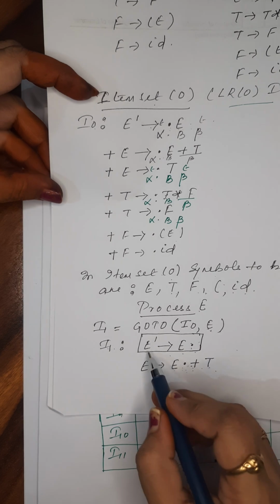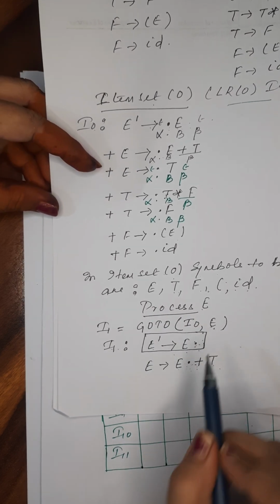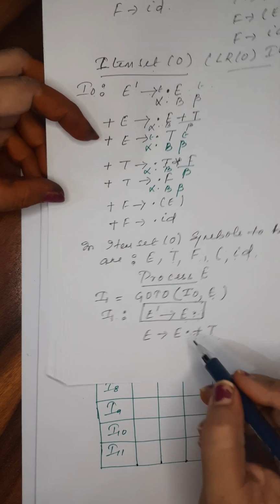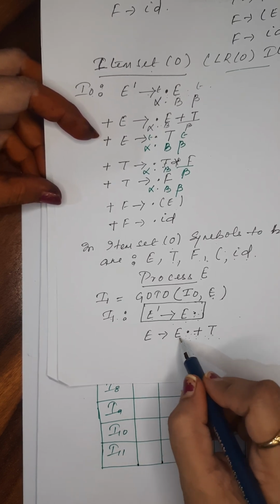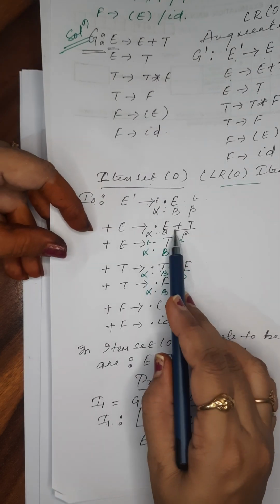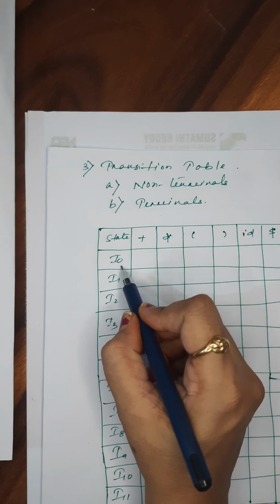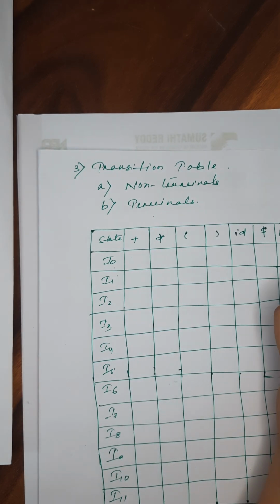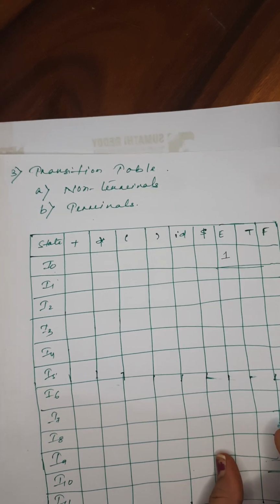E dash is the augmented grammar, so we will leave it for now. E goes to E dot plus T, that means the dot has moved after E in I1. So in item set I0, under E, what will I write? 1. Are you getting my point?